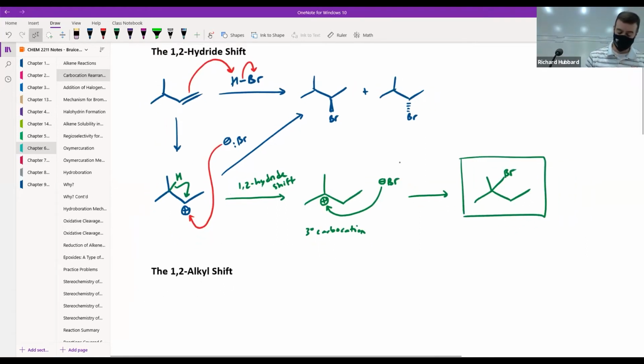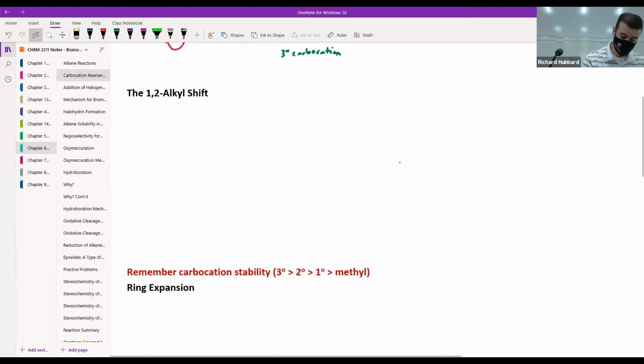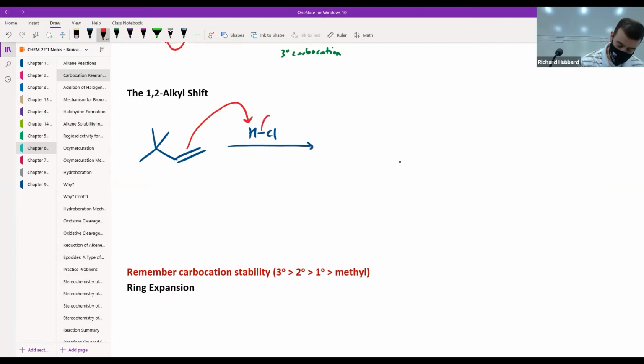Let's look at a 1,2 alkyl shift. See how similar it is. Okay, so HCl in this case. We know how our mechanism works for that first step, the acquisition of that hydrogen.